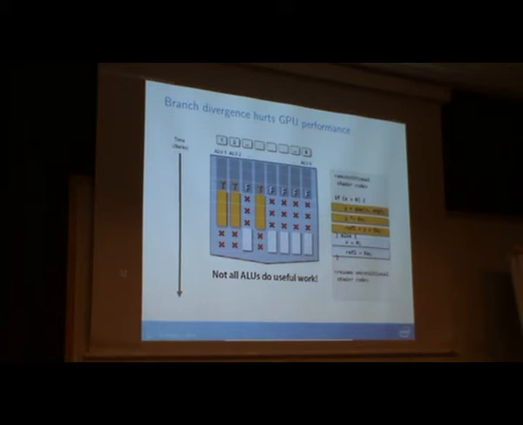So the other threads will just sit idle. And similarly for the fourth branch, when the fourth branch is executing, the threads in the other branches just sit idle. So there's a waste of computation power here.